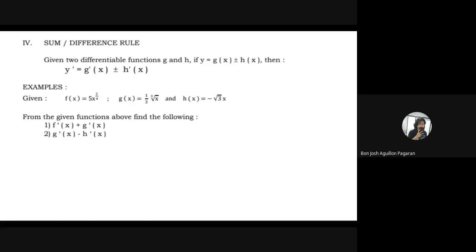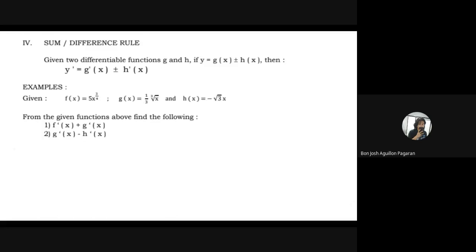So example there we have f of x is equal to 5x raised to the 4th power, and then g of x is 1/3 cube root of x, and h of x is negative square root of 3. Yung x natin ay nasa dulo. Try natin hanapin yung f prime of x.